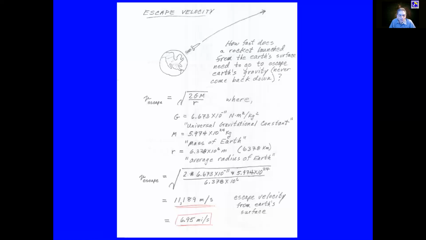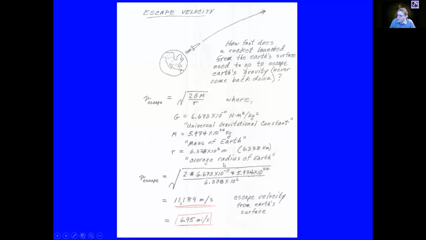And the radius of the Earth, if you're standing on the Earth's surface, to the center of the Earth, that distance is 6.378 times 10 to the 6th meters. In other words, a little over 6 million meters below your feet is the center of the Earth.